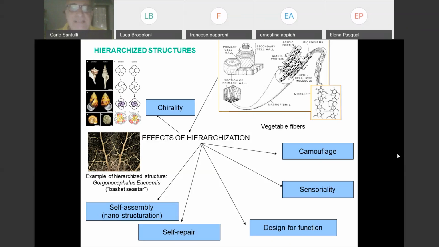We stopped last time by saying that nature is able to self-assemble materials, for example, so to start from the cell, from the molecule, even below the cell, from the molecule. So if you build a structure in polysaccharides, like a natural fiber, a vegetable fiber, then you start from the glucose molecule.